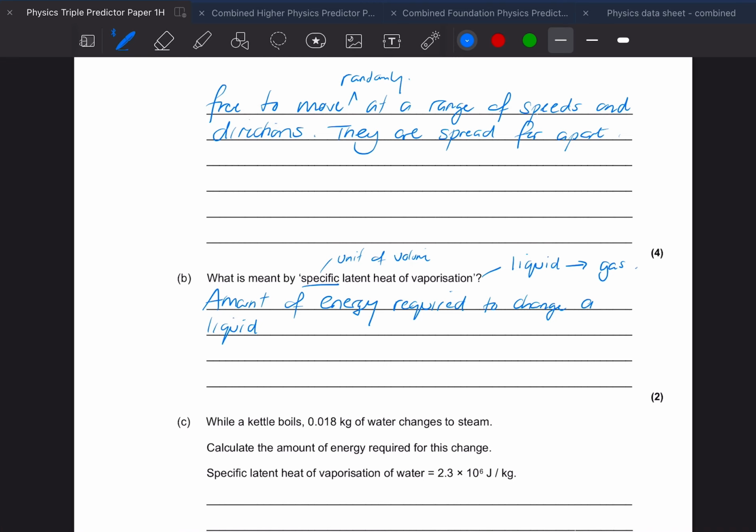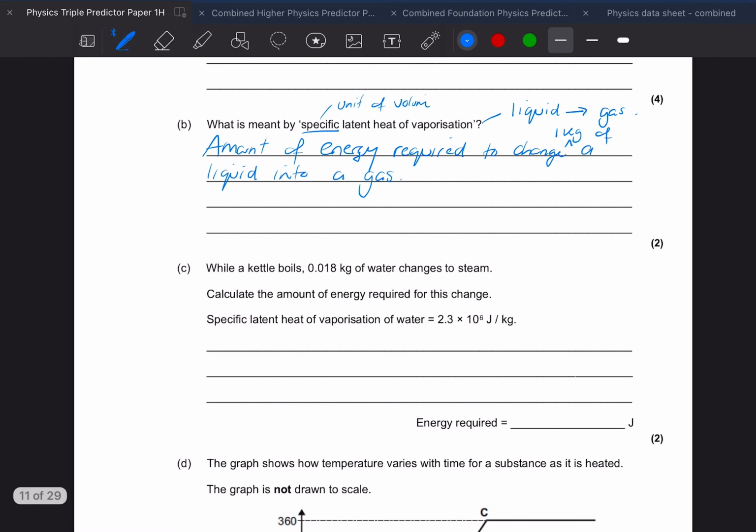Remember, it's a specific volume, so it's 1 kilogram of a liquid into a gas. The amount of energy required to change 1 kilogram of a liquid into a gas. Good. That covers those.